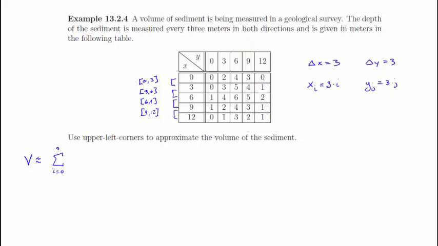So i equals 0 to 3 makes a total of 4 intervals in the x direction, and then in the y direction, we're doing j equals 1 to 3. We want f of x sub i comma y sub j, and my delta x is 3, my delta y is 3.